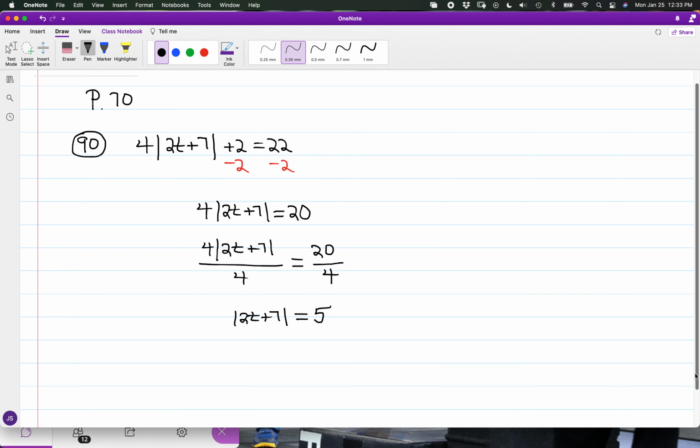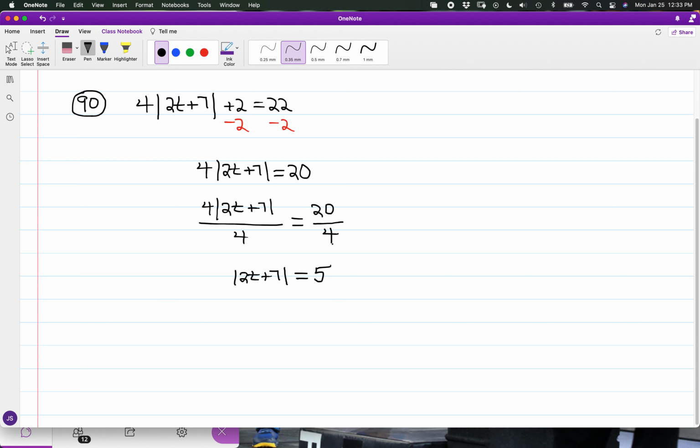So we're in the format where the absolute value of x is equal to k. The absolute value of x is represented by the absolute value of 2t plus 7, and k is represented by 5, and k should be a non-negative value, which 5 is.